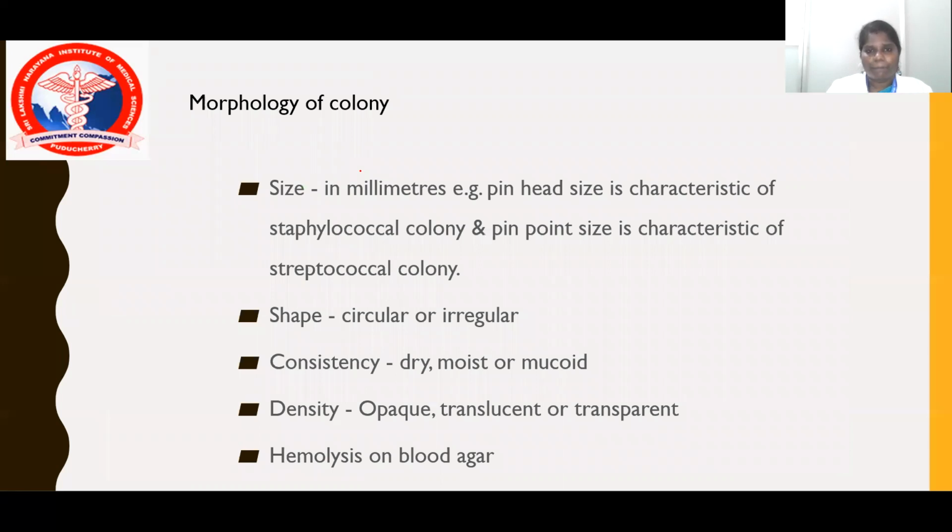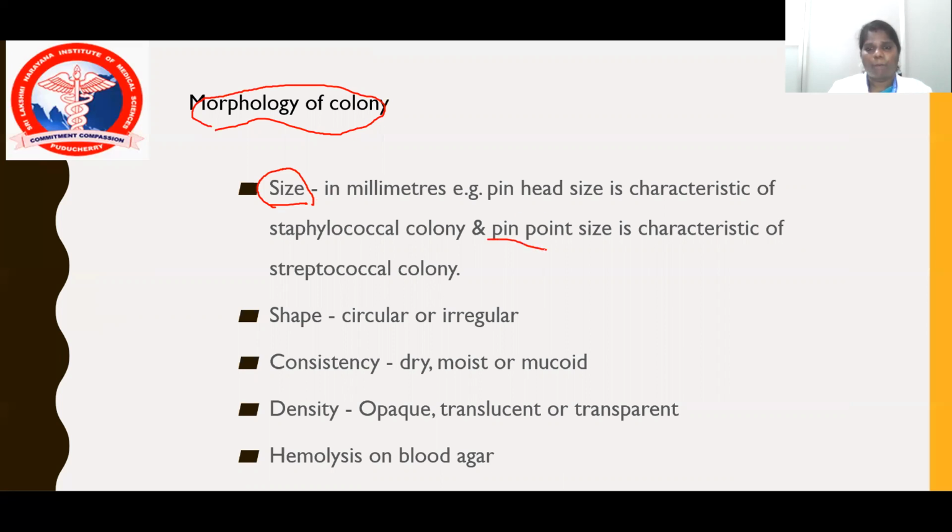Once it is plated, you have to see it the next day. You have to see the morphology of the colony. You have to see the size; size may give a preliminary report. For example, if it is a larger colony, you can have an idea that it can be Staphylococcus.